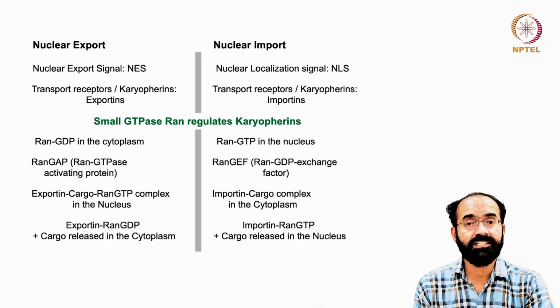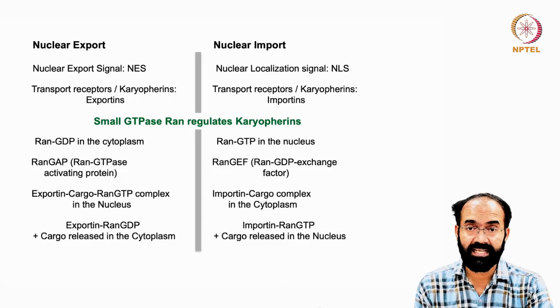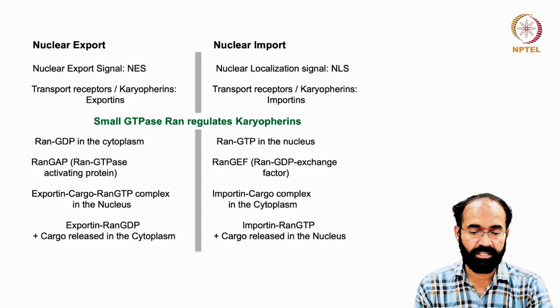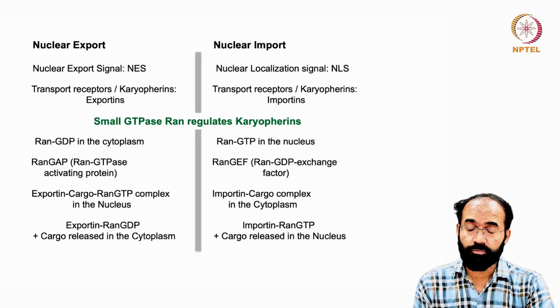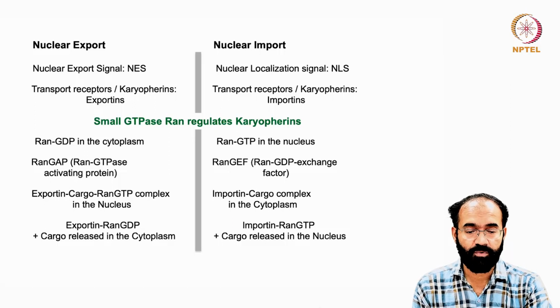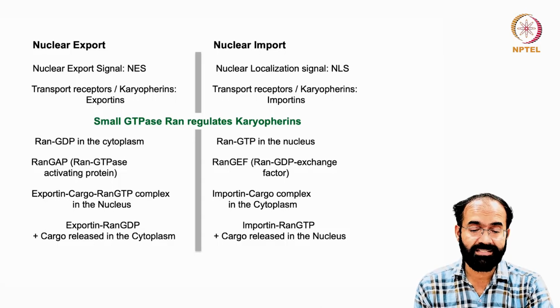And Ran GTP usually stays in the nucleus before the movement of the cargo from the nucleus to the cytoplasm. So for nuclear import, just like Ran GAP was helpful for activating the GTPase, there is another protein in the cytoplasm for nuclear import, that is Ran GEF.